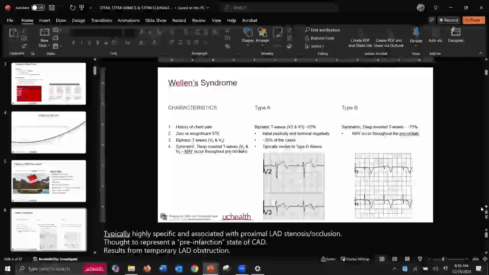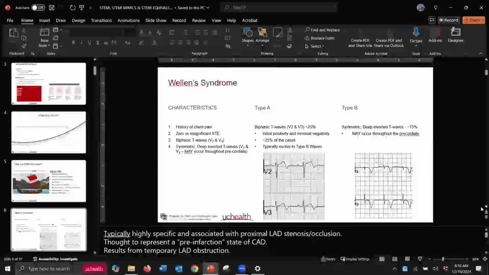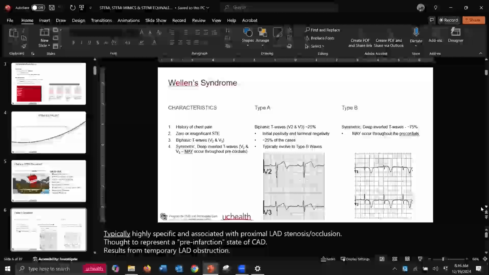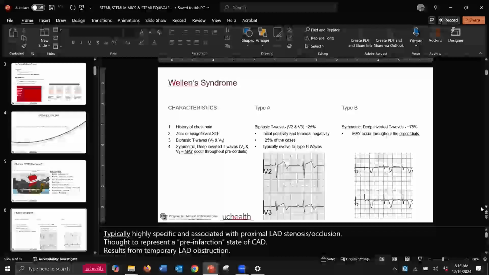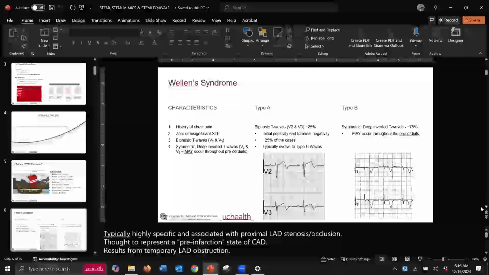What Wellens is thought to be is a momentary 100% occlusion of the LAD, whether that's a thrombus that has a flap, or an 85% LAD occlusion, and now all of a sudden the patient was exerting themselves, so their myocardial oxygen supply didn't meet the demand, and now they're pain-free. But these ischemic waveforms are left over, okay?